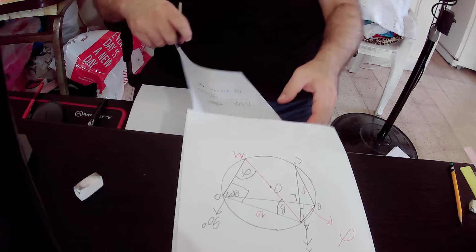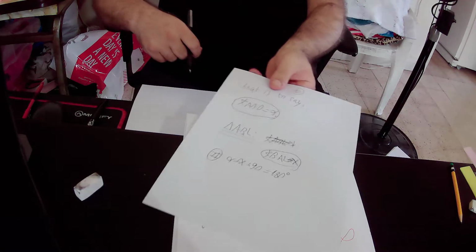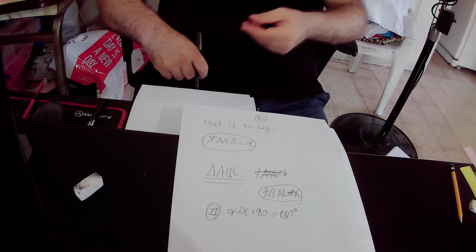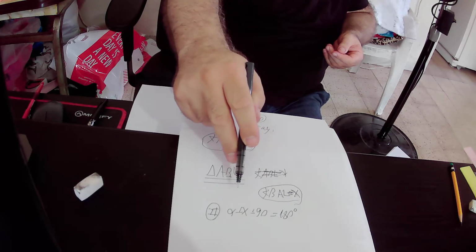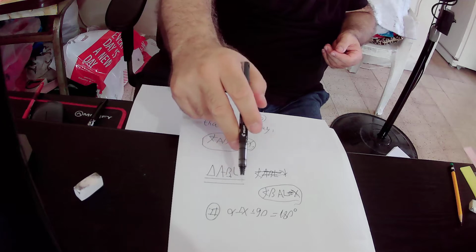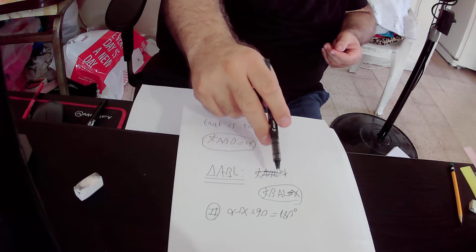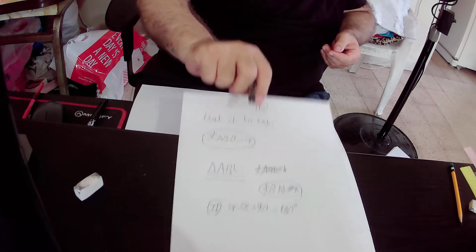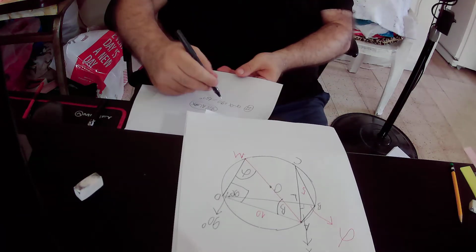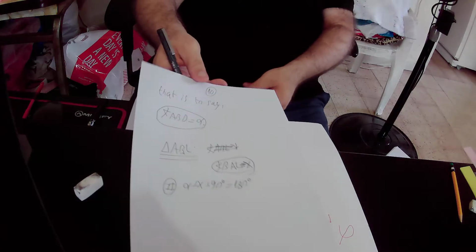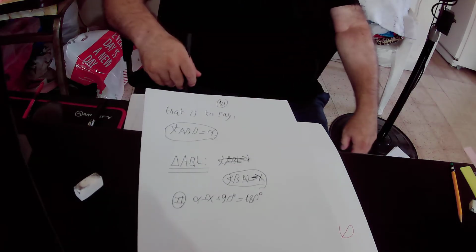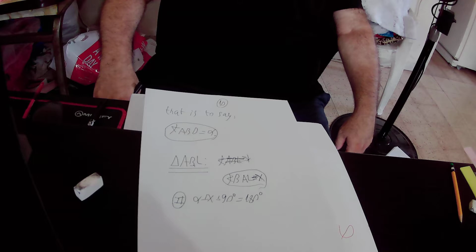Okay, so we created equation number 2, which states that alpha plus x plus 90 degrees equals 180 degrees. It is true for every triangle in the world.